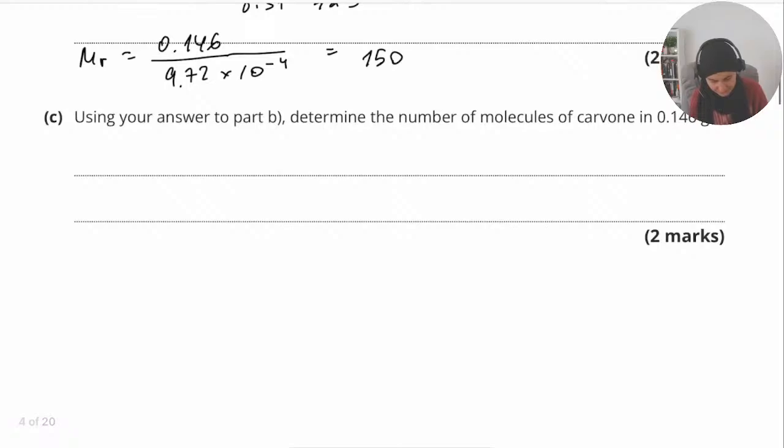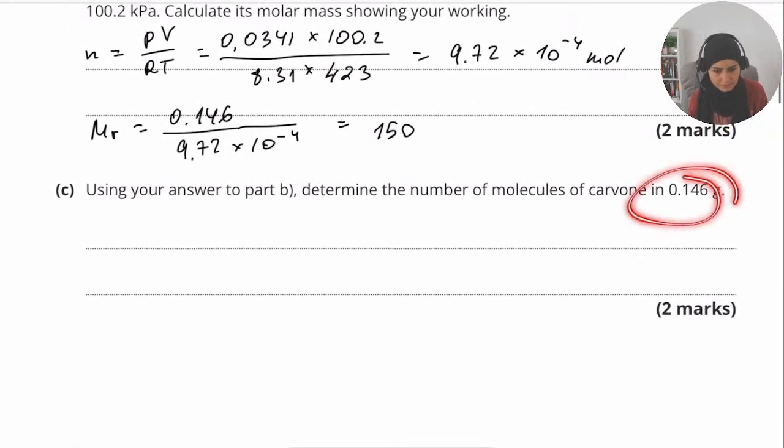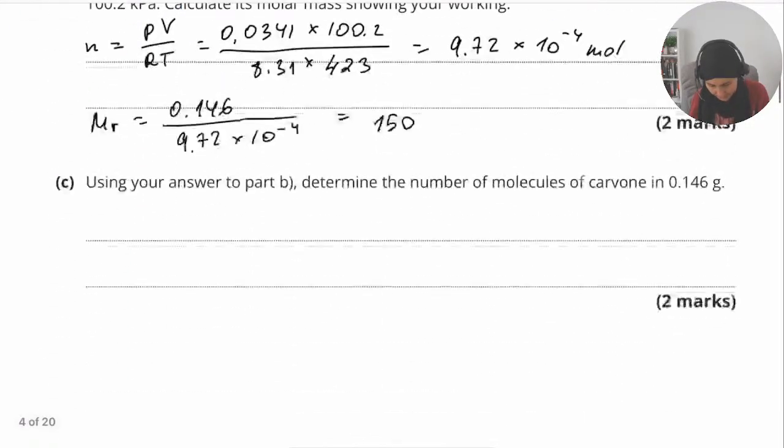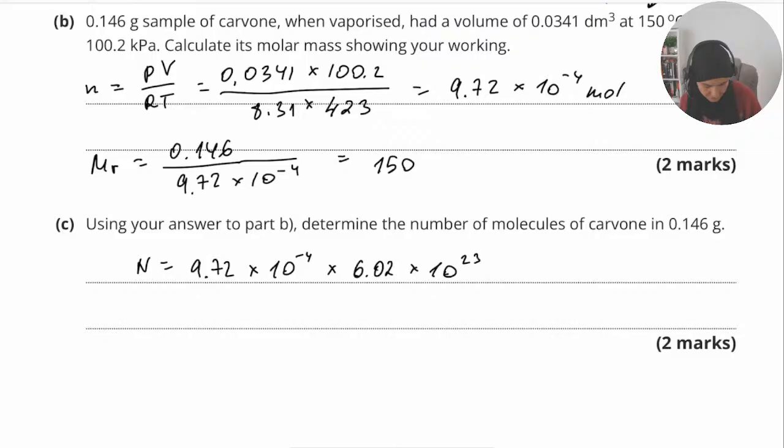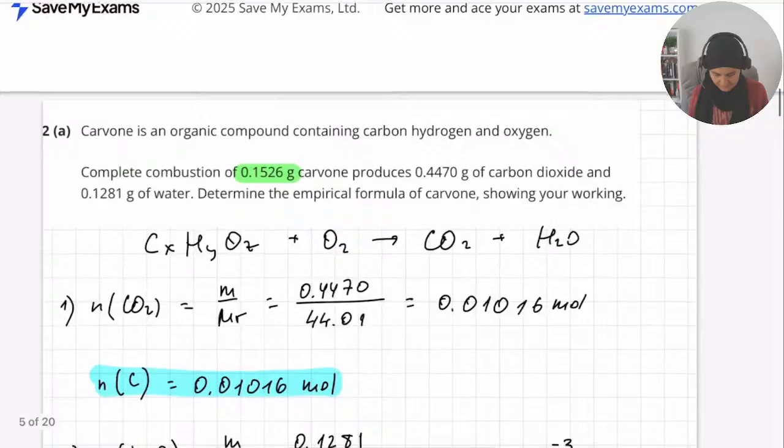They said use it to calculate the number of molecules, and we already know the number of moles from B. So to calculate the number of molecules, we just multiply that by Avogadro's constant. 10 to the negative 4 times 6.02 times 10 to the 23rd, which is 5.85 times 10 to the power of 20 molecules. Okay, yes, that was the question.